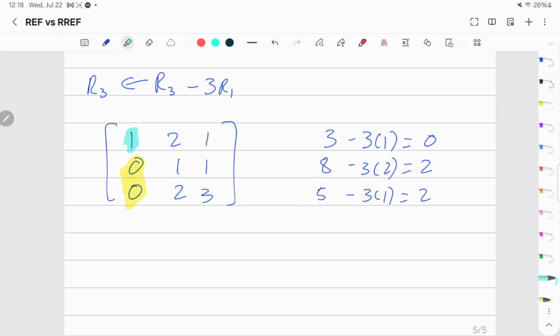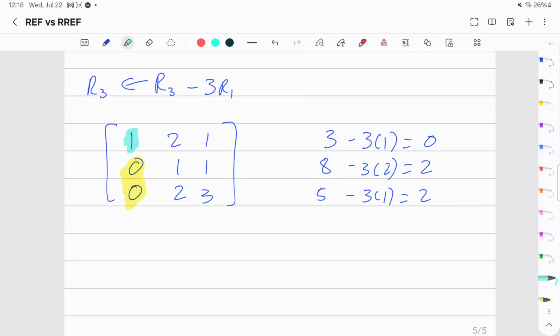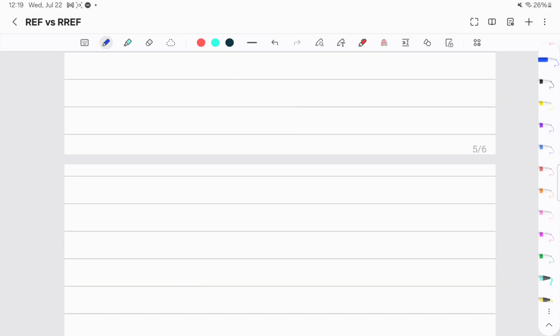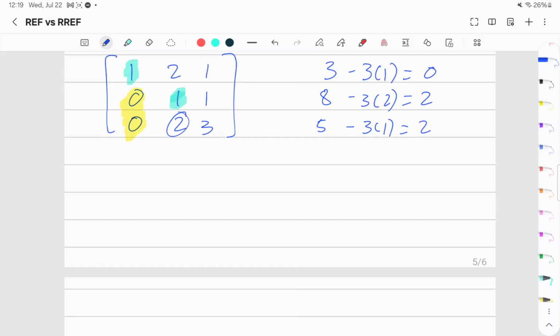Now let's look at the second pivot point. We're done here for the first step. The second pivot point is also 1 here, as you can see. Now I need to make this 2 into 0, because every entry below the pivot point should be 0. So how can I make this? I quickly noticed that in order to make this row 3 entry 0, I can simply say row 3 minus twice of row 2.